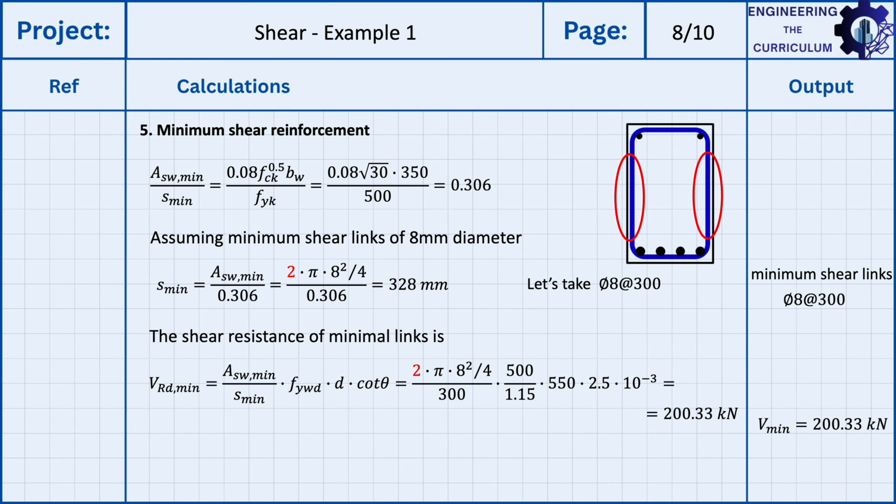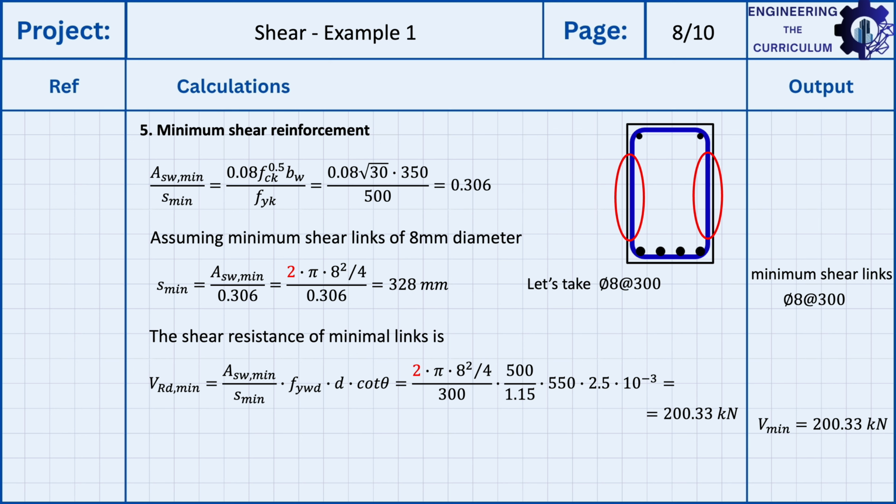If we do that, we can also calculate what the shear resistance of those minimal links are. So VRd min, what we're providing as minimal shear links, is the area of those links divided by the spacing between them times fywd, which is the strength divided by the safety factor, times d, the effective depth, times cotan, the angle, which we already discovered is 2.5.